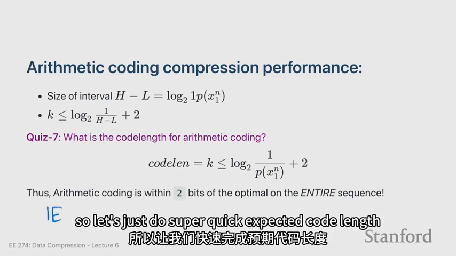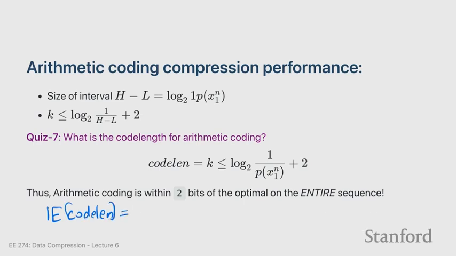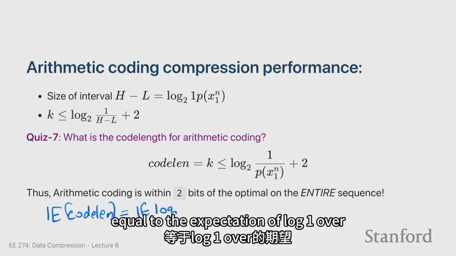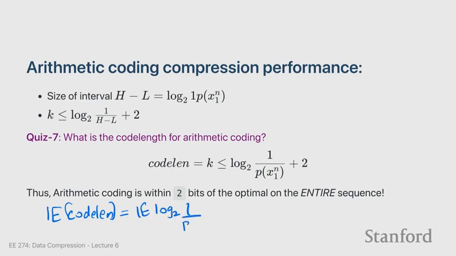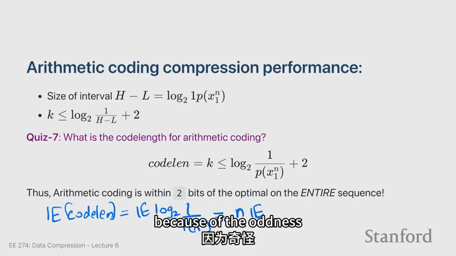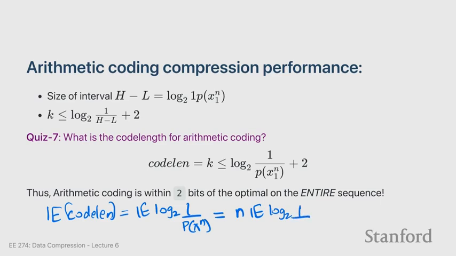So let's just do this super quick. The expected code length is equal to the expectation of log 1 over p of x^n, which equals n times the entropy because of the IID-ness, and is less than or equal to that plus 2.